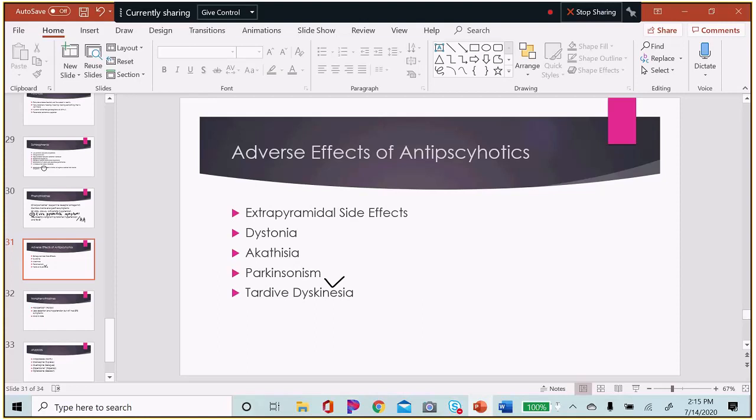And dystonia means that you have this large muscle contraction. So sometimes the muscle contraction will take place in the neck and the face, and so the patient's head will be stuck in a certain position or their arm will be stuck in a certain position because a large muscle group will just tense up.